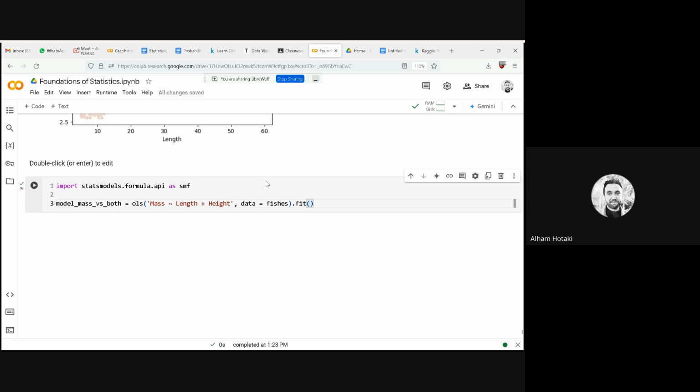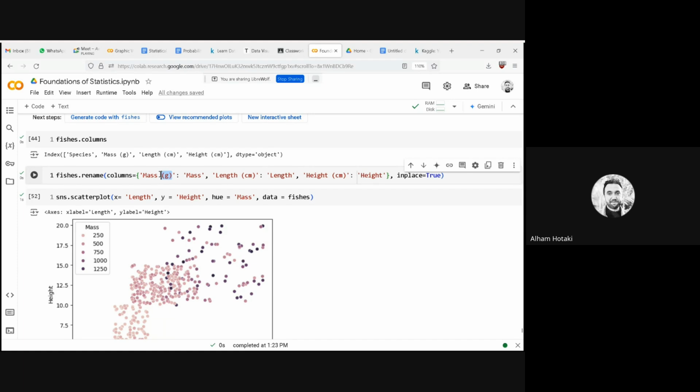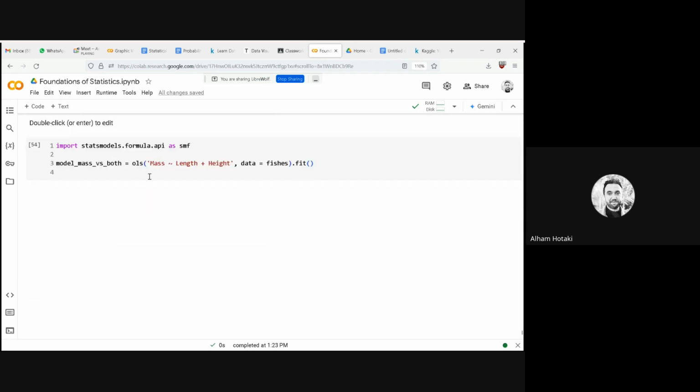I think now it's resolved and we will see what is there. This data set had spaces in the column names, and these brackets here. So I just renamed the column names, and now it's working. So we will see now how this model worked.